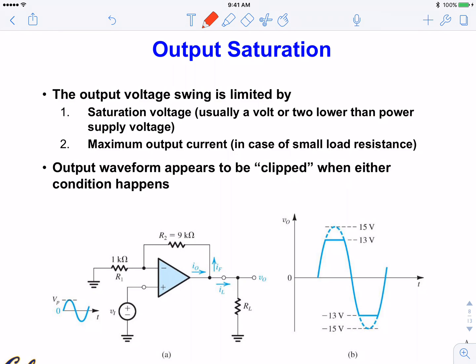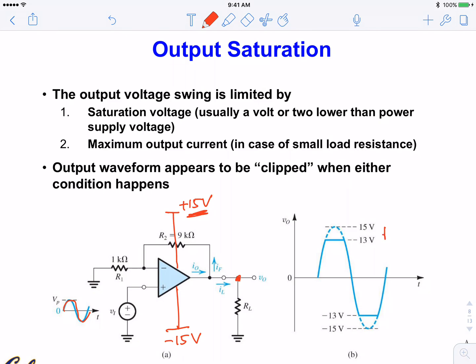So if you have an input that's sinusoid, you want your output to be sinusoid. But if your power supply voltage is finite, we said usually we need to apply plus 15 volts to the op-amp and minus 15 volts to the op-amp. And so in this case, there is a finite drop. The highest voltage you have here cannot be 15 volts, okay?